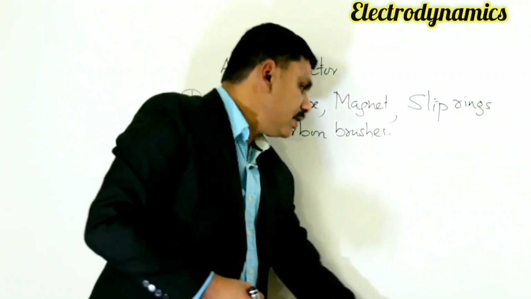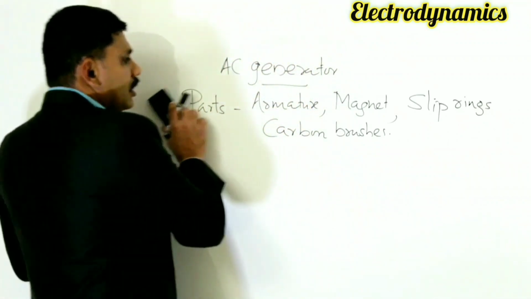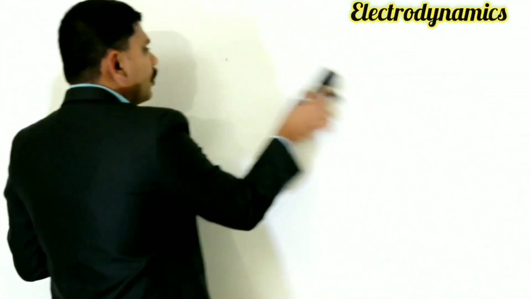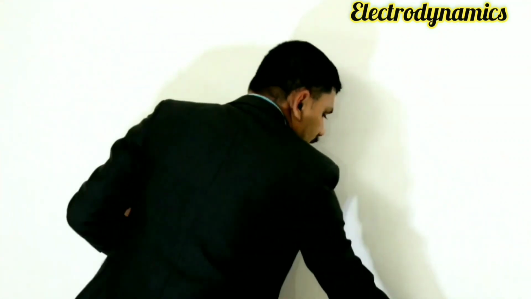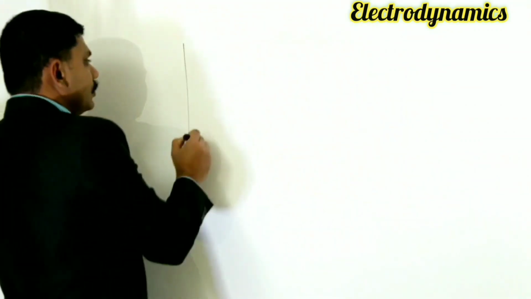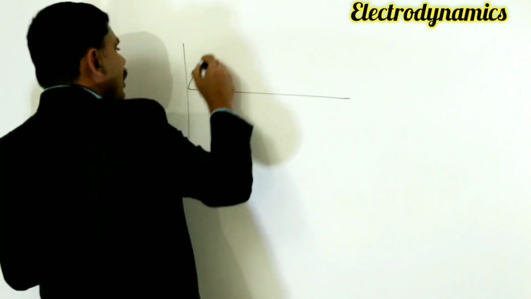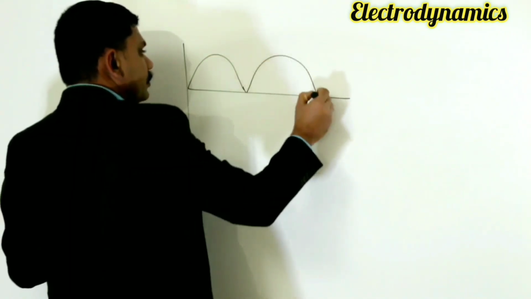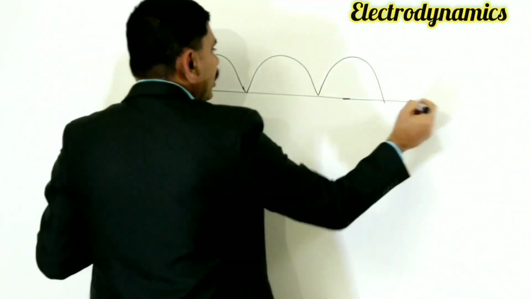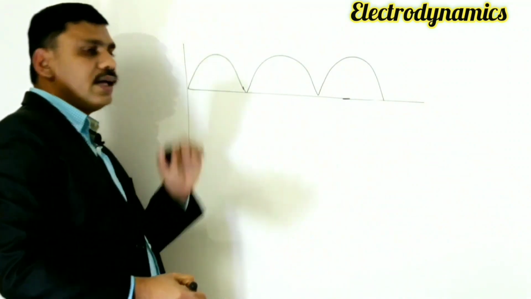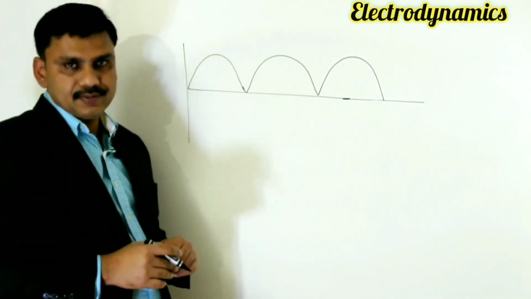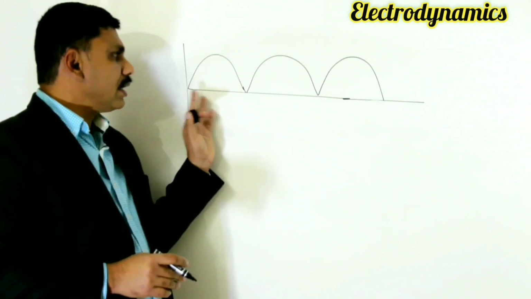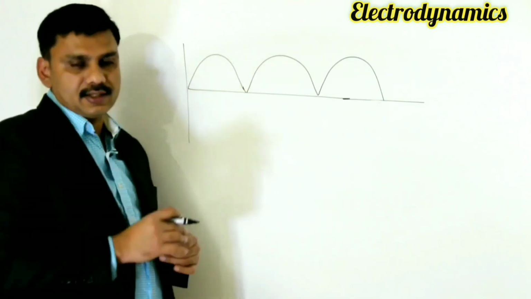Before that, you should know what the diagram for alternating current is. This is the direct current. Direct current means the current is only in one direction, that is plus. You are getting direct current from the DC generator.